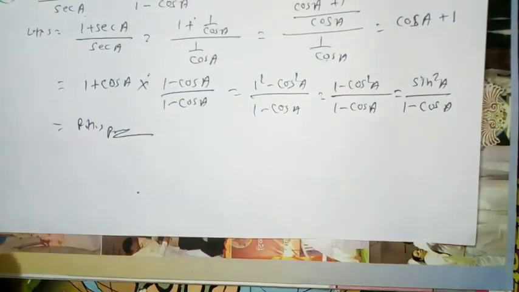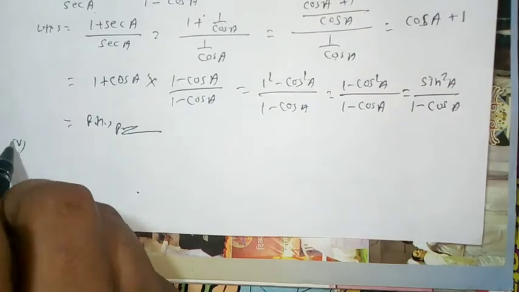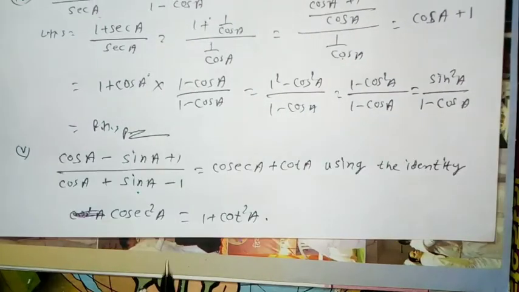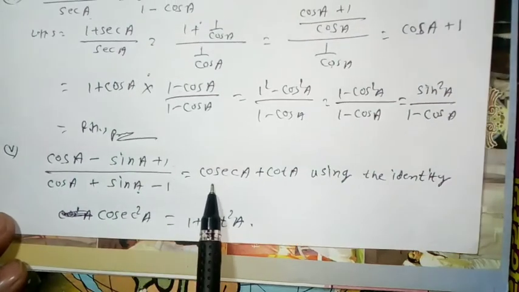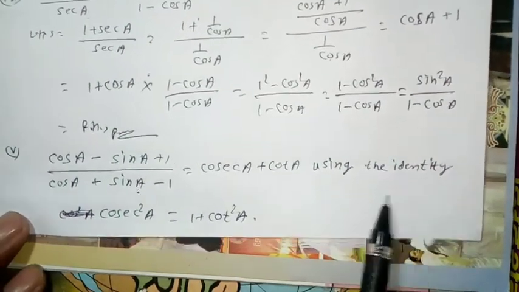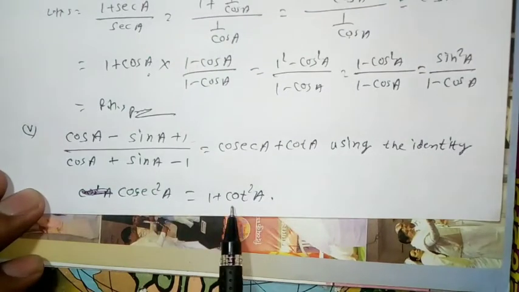Next, question number 5. Cos a minus sin a plus 1 by cos a plus sin a minus 1 is equal to cosec a plus cot a, using the identity cosec square a is equal to 1 plus cot square a.